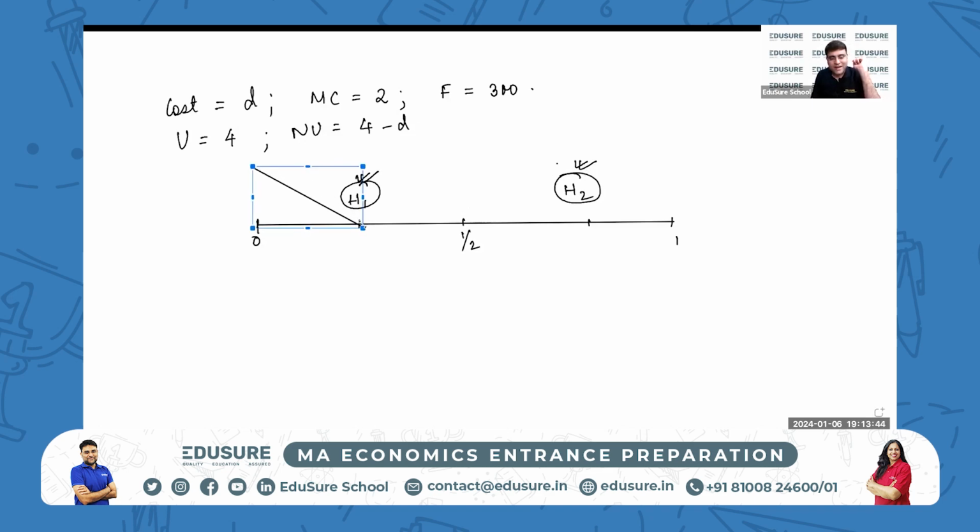The person located at H1 will not have to travel, so his traveling cost is 0. Similarly, the traveling cost of these individuals from H1 to half will keep going up as the distance from the hospital keeps going up. Now, obviously, I need to minimize this distance. To do that, I have to minimize this area.